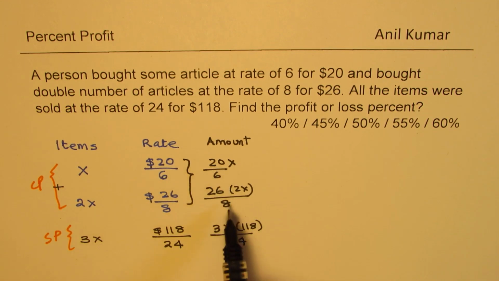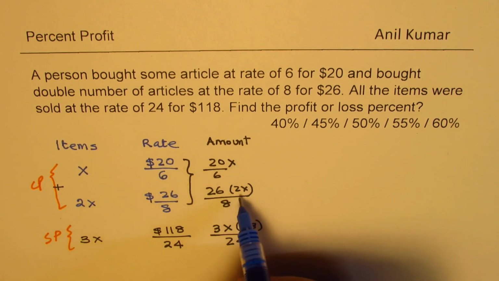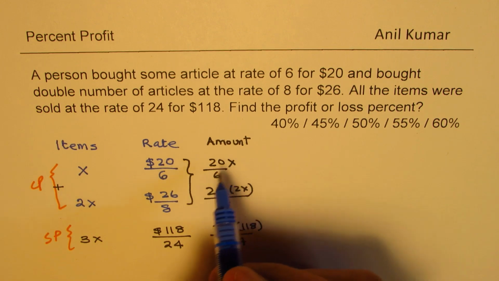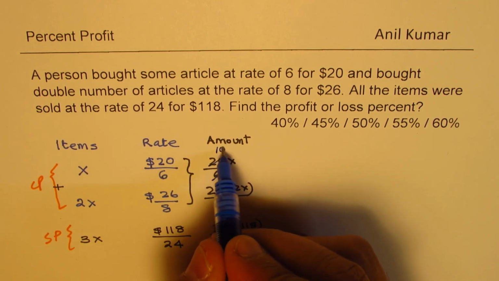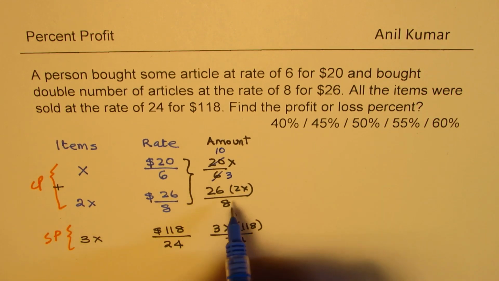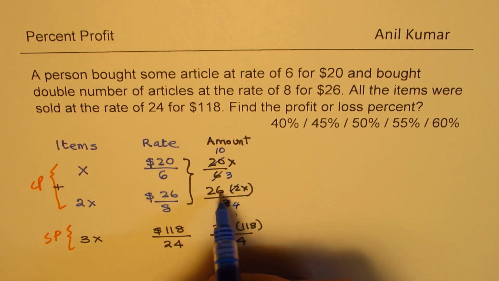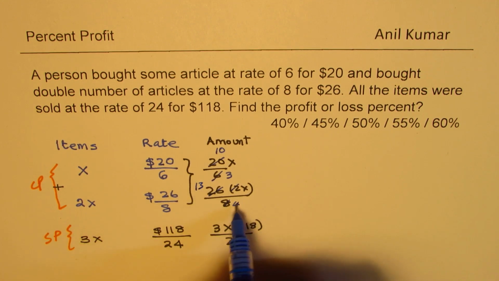Of course, you will reduce them to lower terms and then it'll be easier. So let's do that and then we can add these two. So we can reduce this. It can go 2 times, so we get 10 over 3. In this case, this goes 4 times and then this goes 13 over 2.